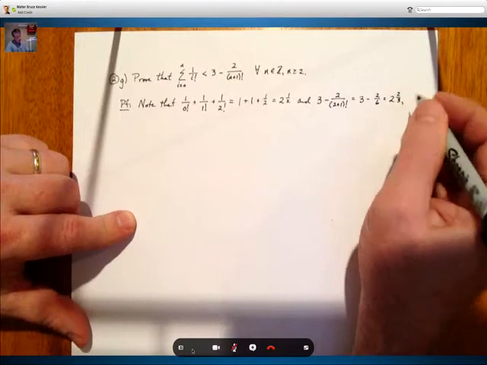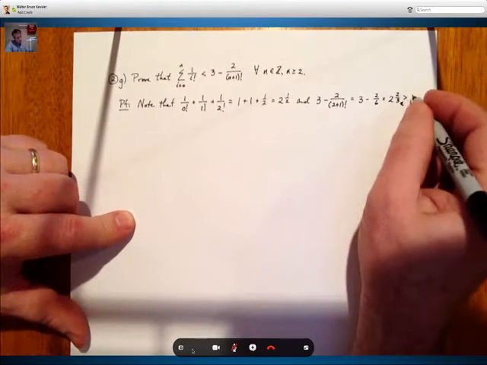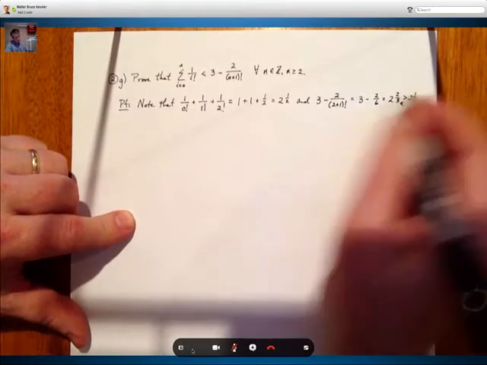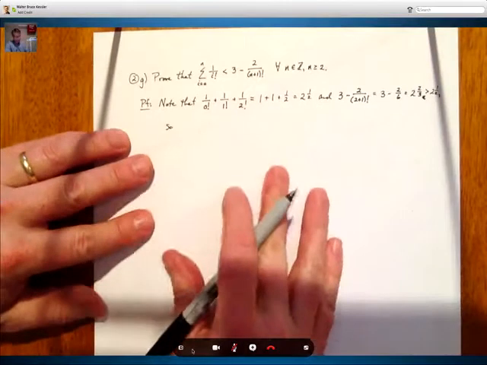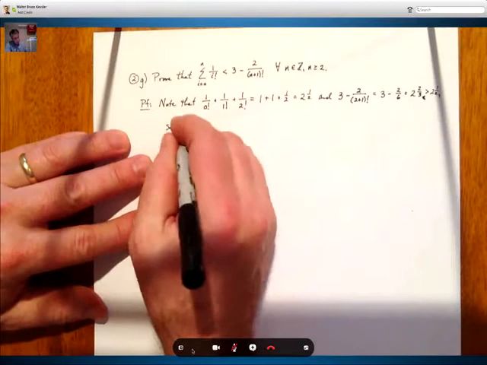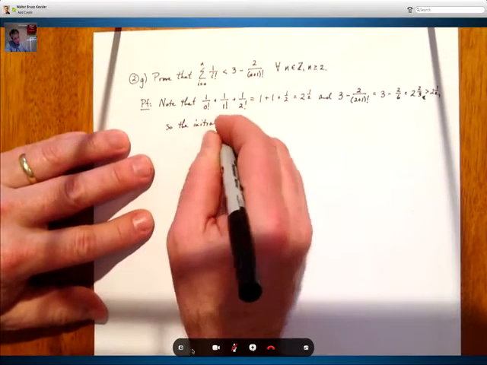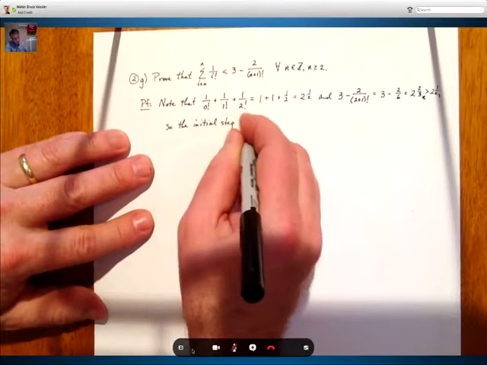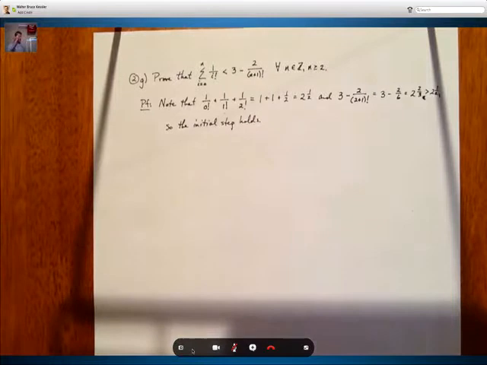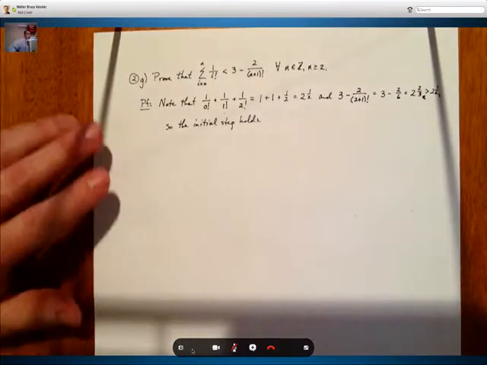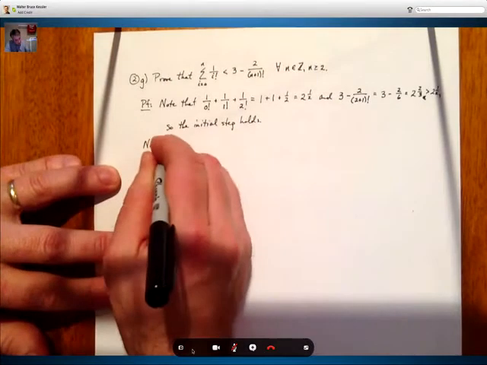So this is 3 minus a third, or 2 2/3, which I should point out is greater than 2.5. So, sorry, my paper's getting crooked here. So the initial step holds. Now let's say it holds for some k that's 2 or bigger, integer 2 or bigger.